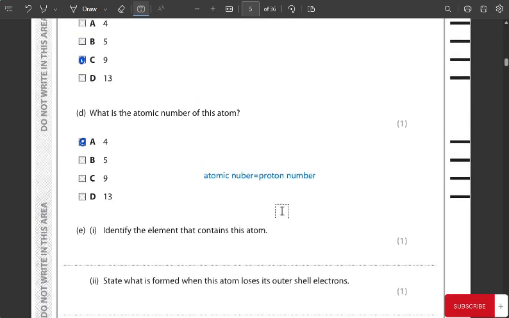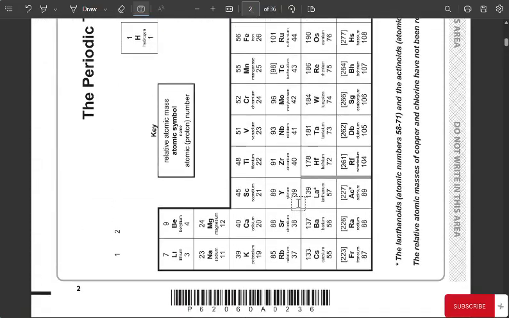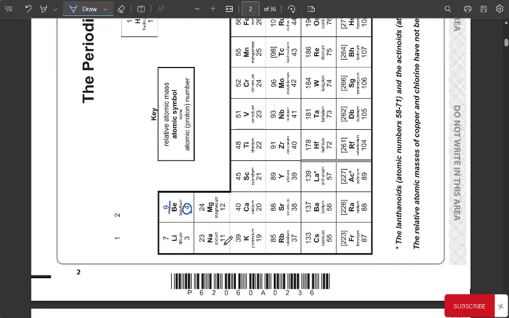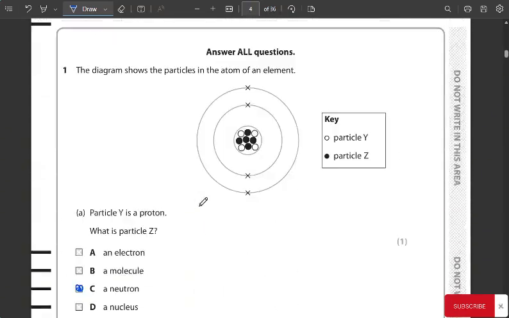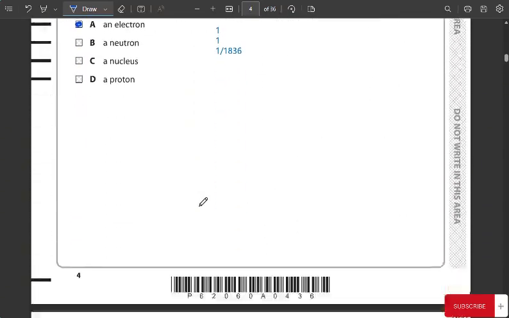The proton number is equal to 4, and we will go to the periodic table. In the periodic table, the element with proton number 4 is beryllium. This 9 is the mass number. Okay, and according to the periodic table, the atom with 4 protons is beryllium. And the correct answer is beryllium.